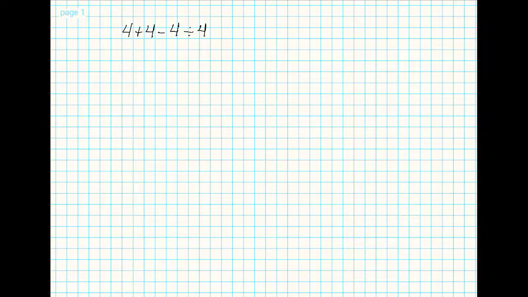So I wanted to go back and look at the 4-4's activity, and I noticed that there was one expression, this 4 plus 4 minus 4 divided by 4. That same expression was used both to represent 1 and to represent 7.